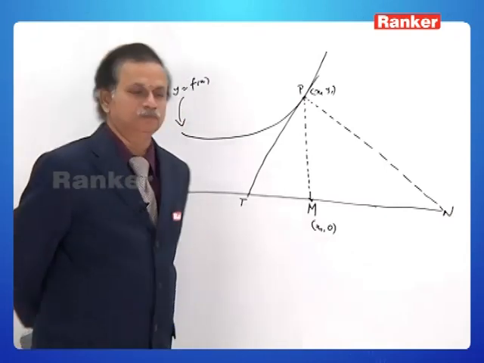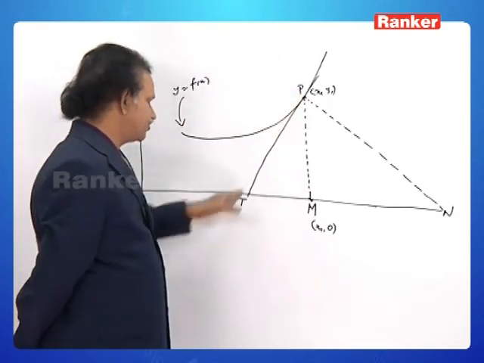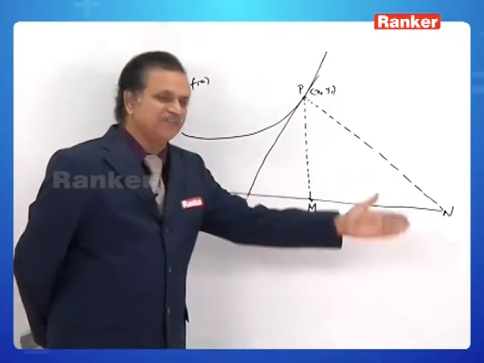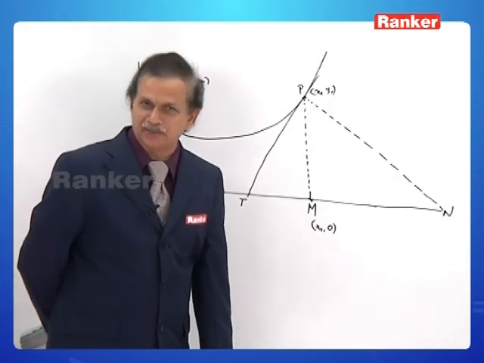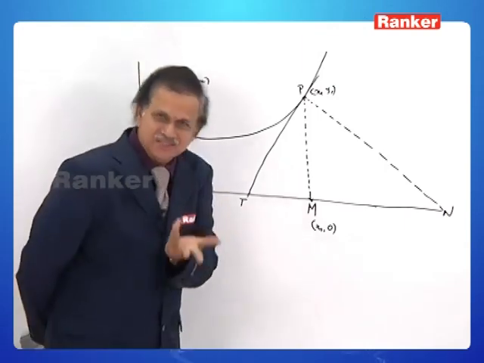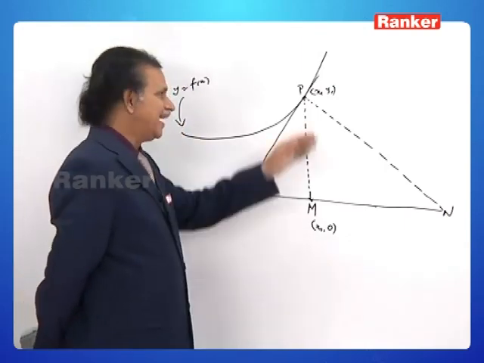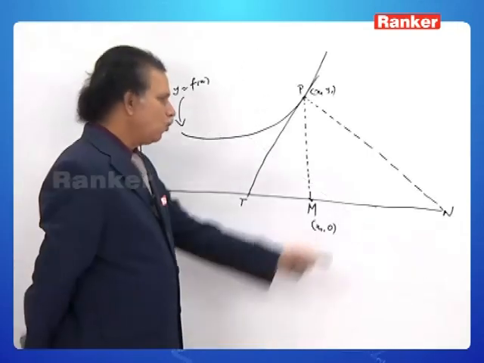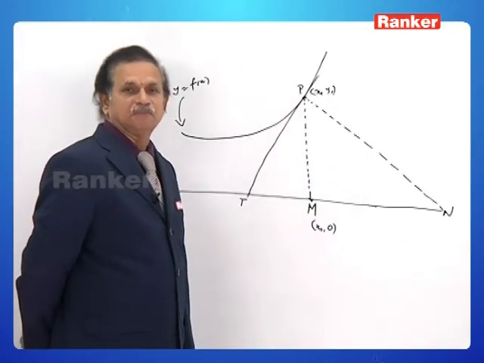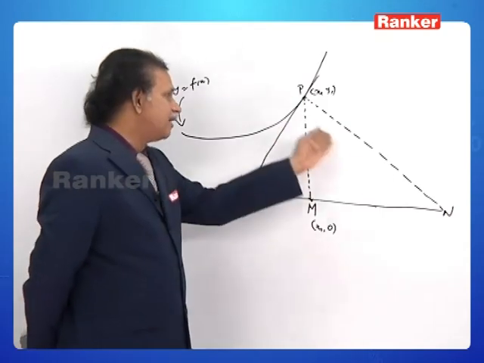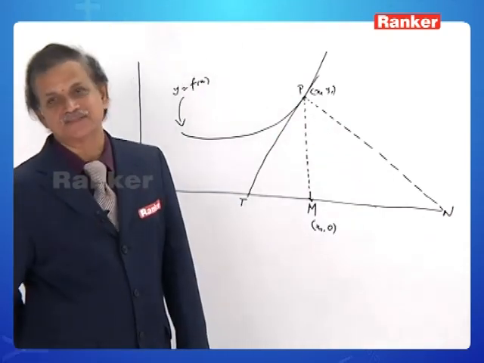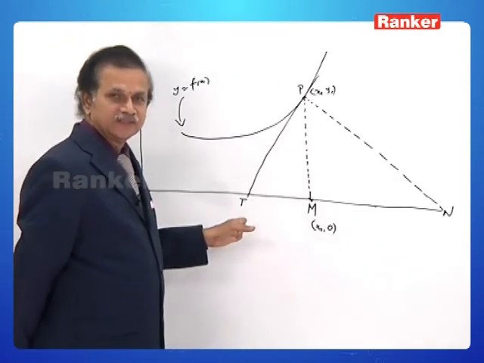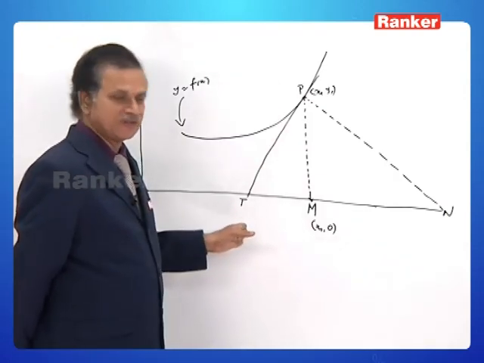Now observe, PT is the tangent at P, PN is the normal at P. Here T is the point where the tangent meets the x-axis. N is the point where the normal at P meets the x-axis. Good. PT is called the length of the tangent.